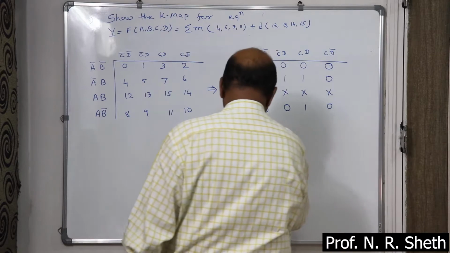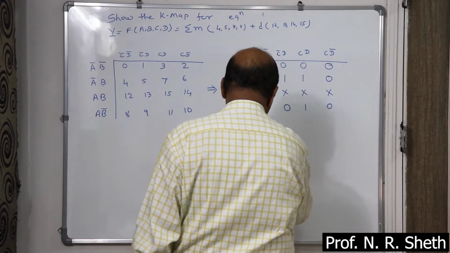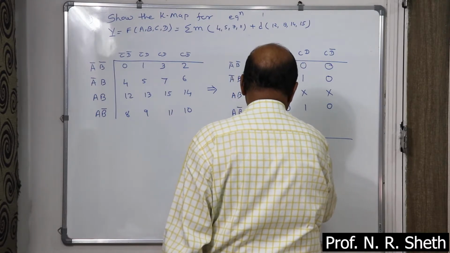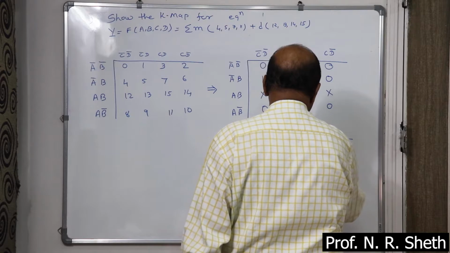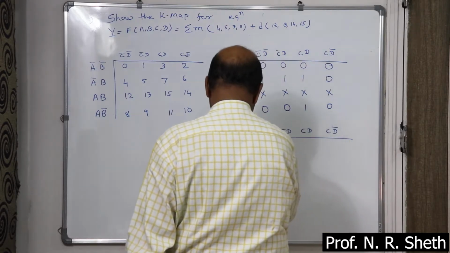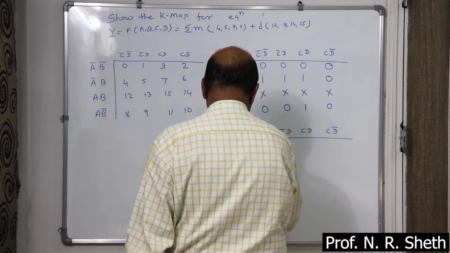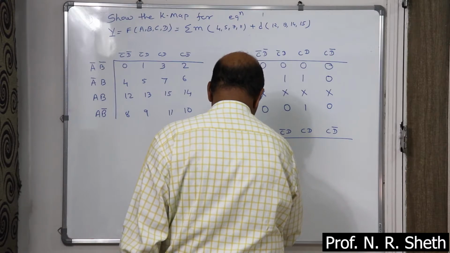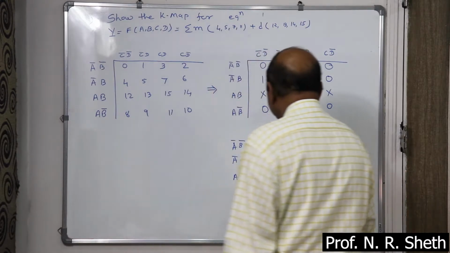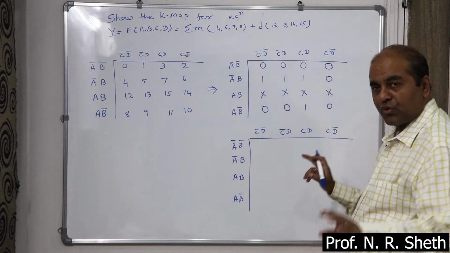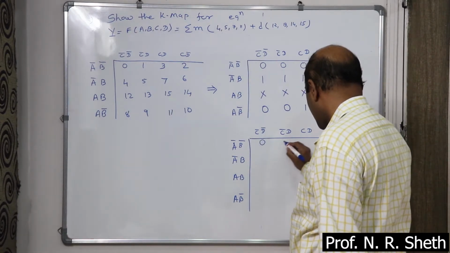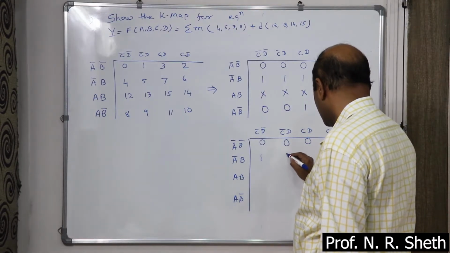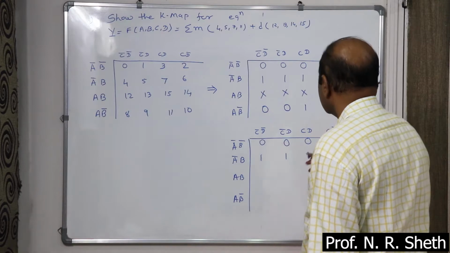Okay. C bar D bar, C bar D, CD, CD bar, A bar B bar, A bar B, AB, AB bar. First 4 entries are 0. Next 1, 1, 1, 0.